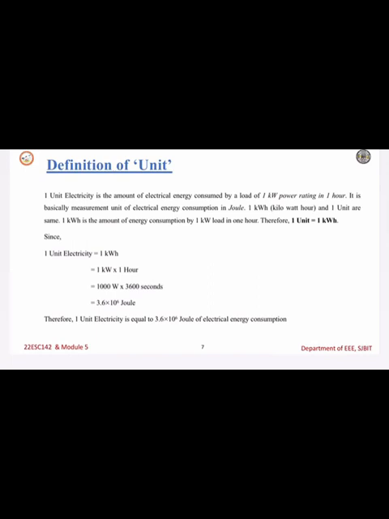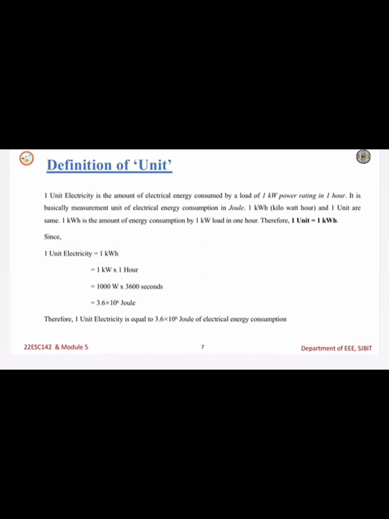Then what do you mean by a unit? A unit is nothing but 1 kilowatt hour. For example, if you take a 10 watt bulb, to consume 1 unit, that 10 watt bulb has to be used for 100 hours.